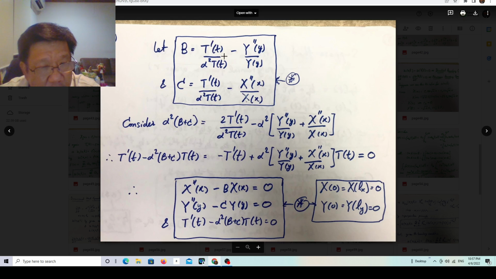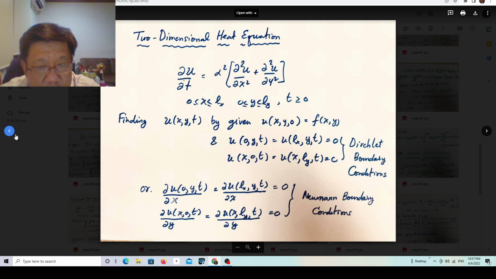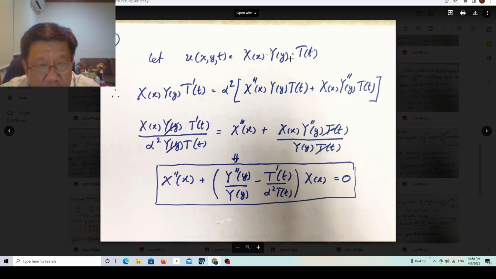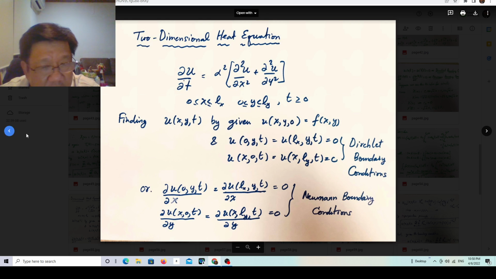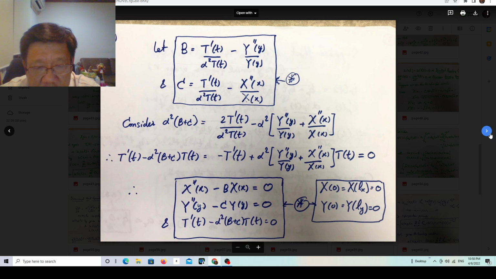With capital B and C in this term, and with the boundary condition here, you can see that if you consider the Dirichlet boundary condition first, and you replace u of x, y, t with this form and evaluate under the Dirichlet condition, you end up having this boundary value problem, with X of 0 equal to X at Lx, the upper limit of the domain x, and Ly, the upper limit of the domain y.